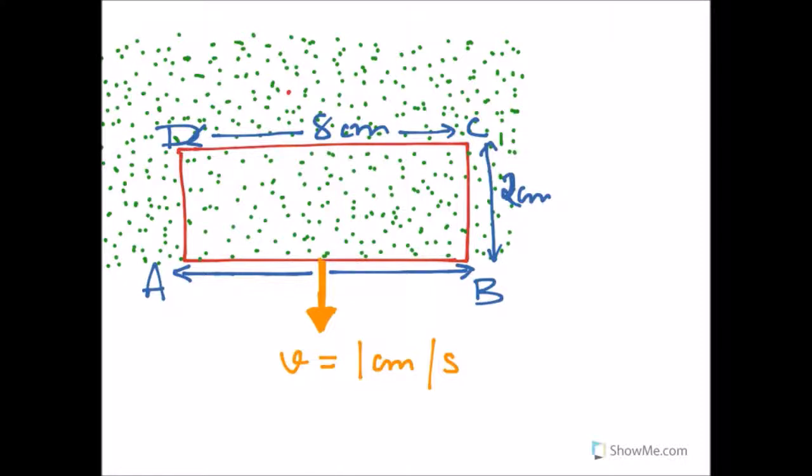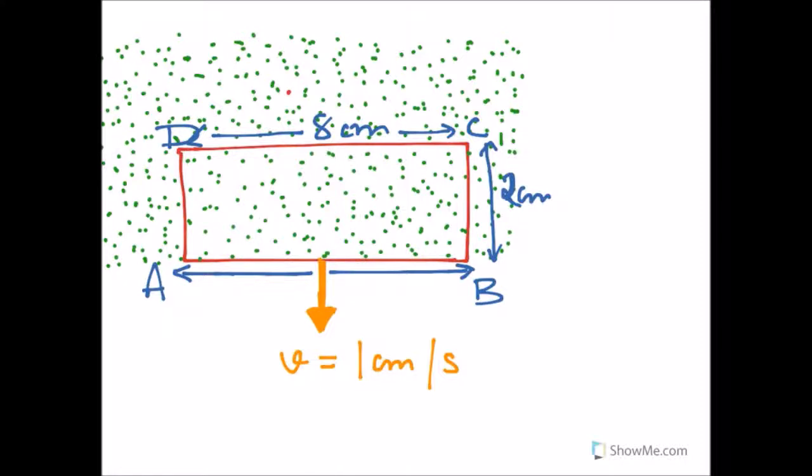We know that as long as the whole loop is inside the magnetic field, there will not be any change in the flux linked with the loop. Hence, the induced EMF will be equal to 0.